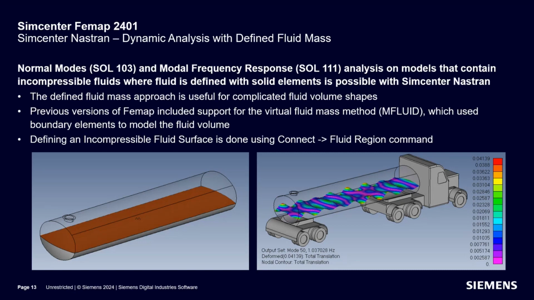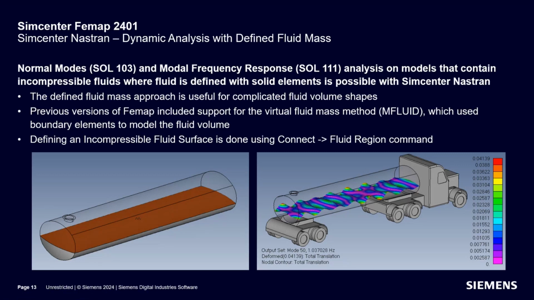Previously, the only thing available was the virtual fluid mass method, where you would, I think, just pick the surfaces, like the wetted fluid surface or the wetted structure surface. But in this new update, you actually represent the fluid with solid elements, and then you can see here you would pick the surface that's the free fluid, when you're in the region selection dialog.